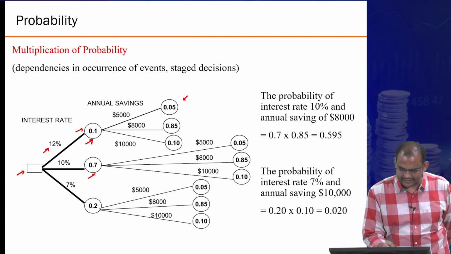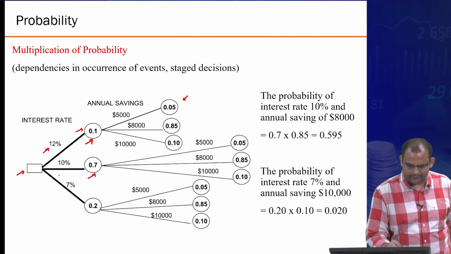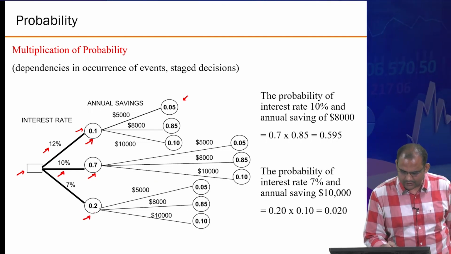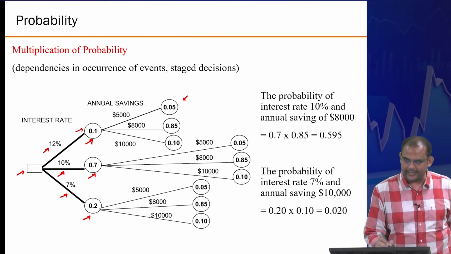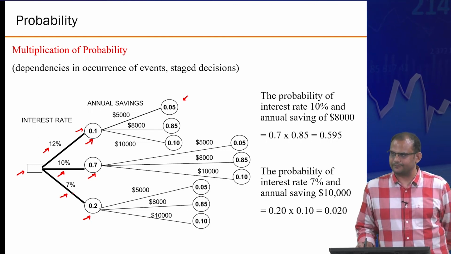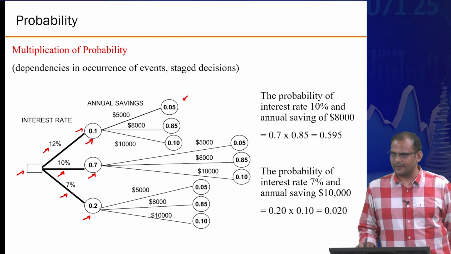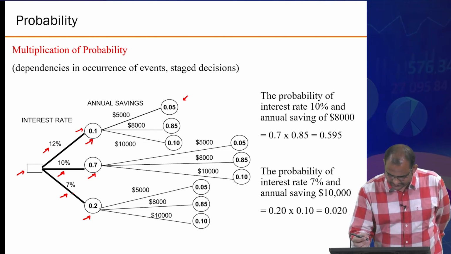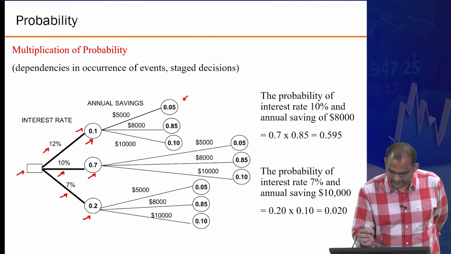There is a 0.7 chance that your interest rate used for calculation would be 10%, and there is a 0.2 chance that your interest rate will be 7%, okay? Now, in this case this is true, but it can also be different.